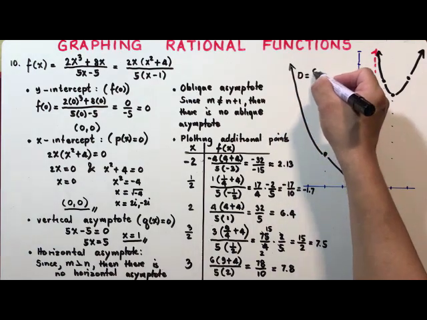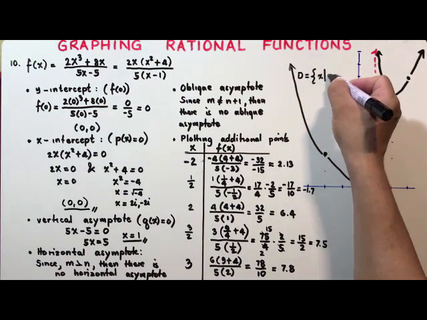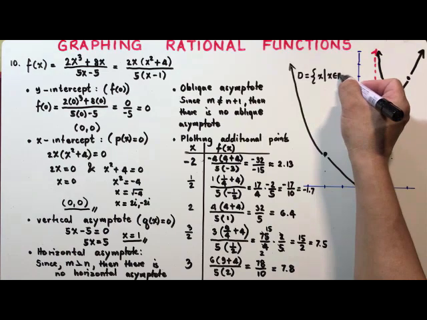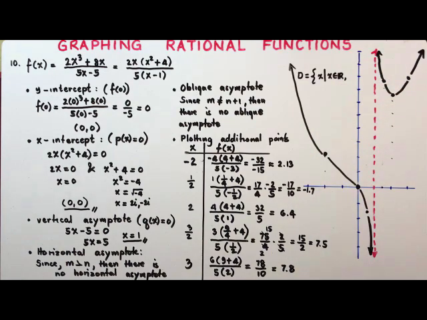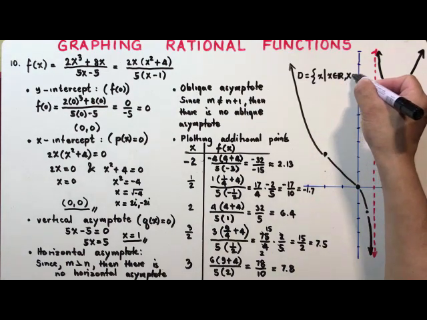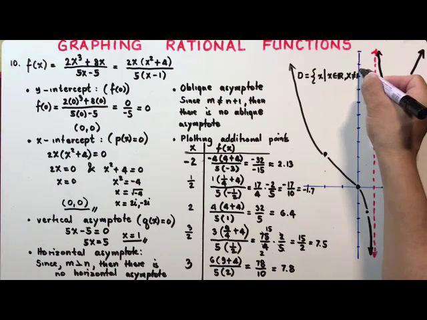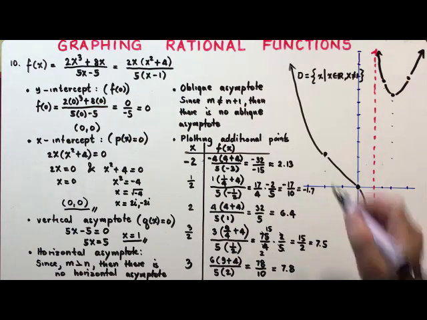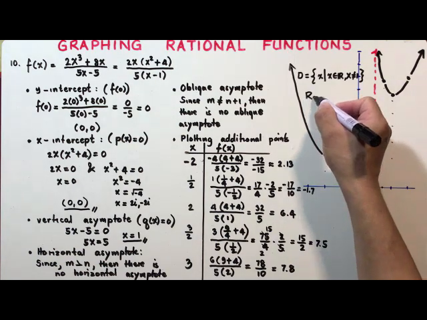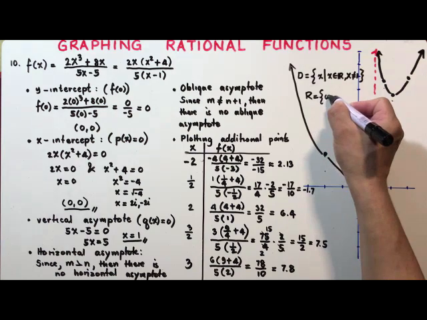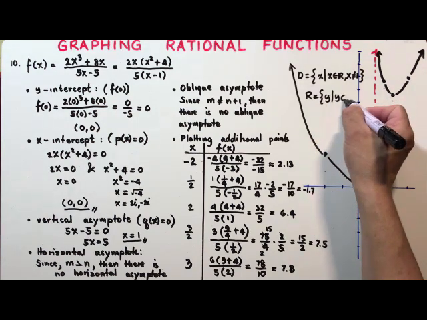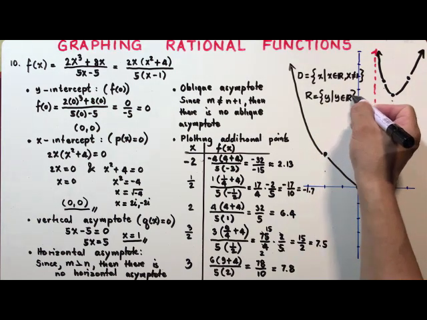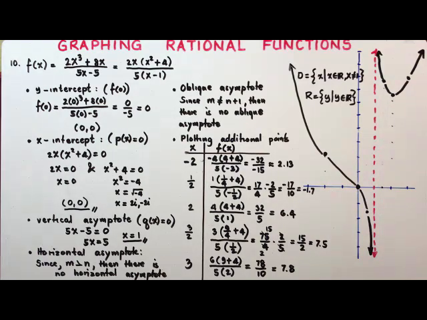The domain of the function is the set of all x such that x is a real number and x must not be equal to 1. Because this is where we can find the vertical asymptote. But the range of this function is the set of all y such that y is a real number. Because the function is present in all y's.